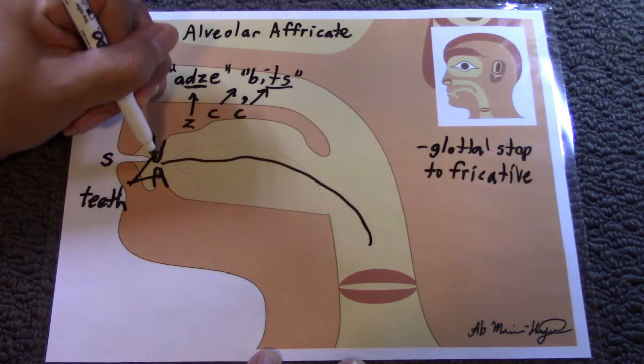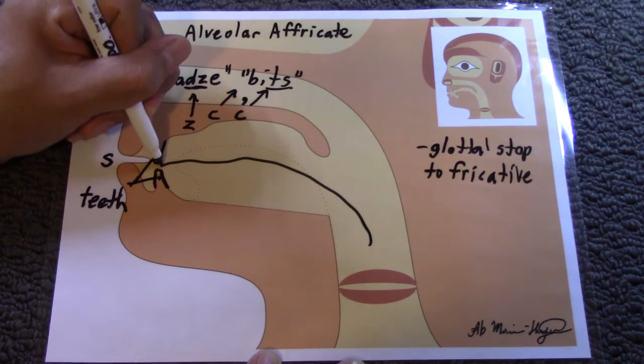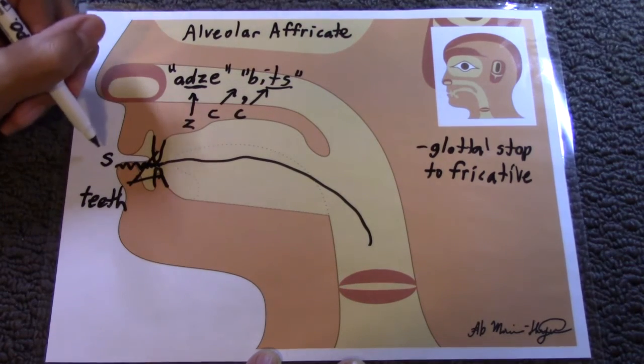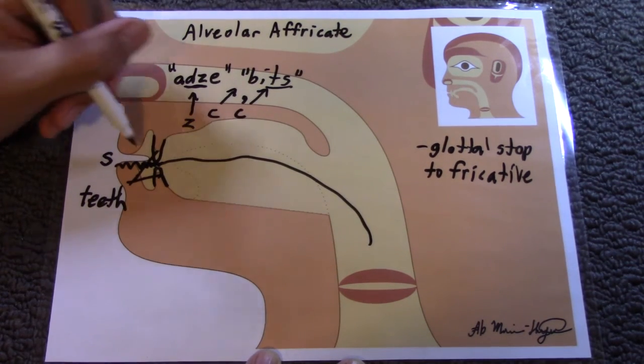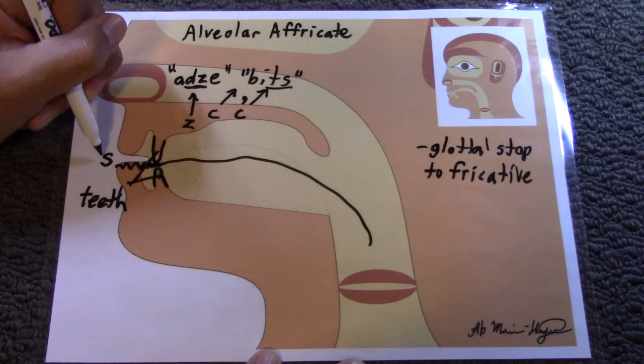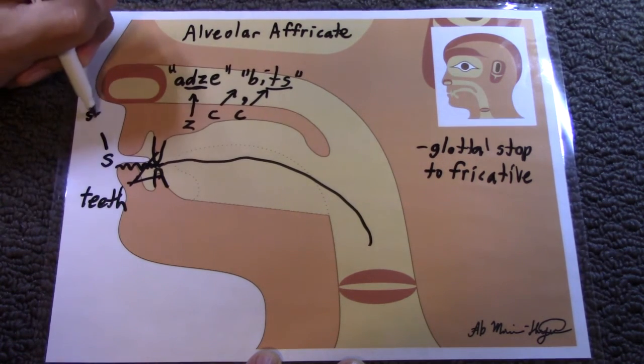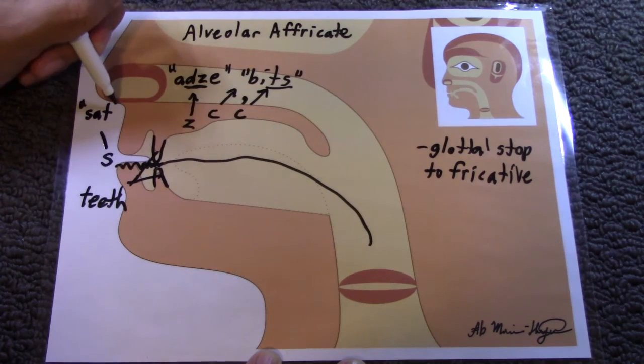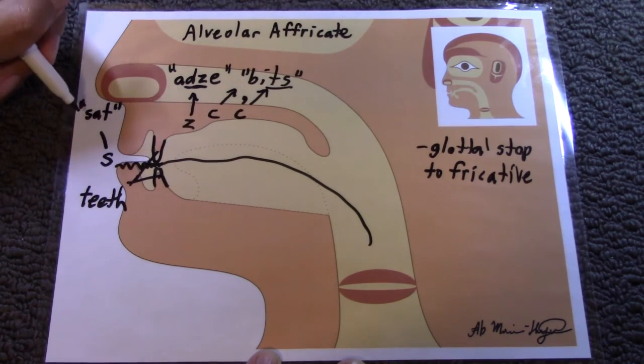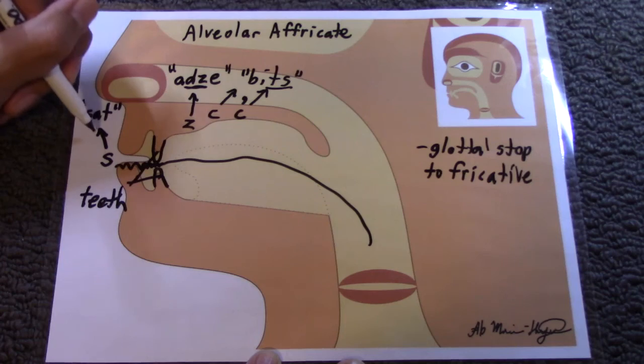When it gets to the opening between your teeth, it's such a small opening that the air kind of bounces around. And that's what makes the S sound. So it makes kind of a hissing noise. And the word you can think of in English is the word sat, or Saturday.